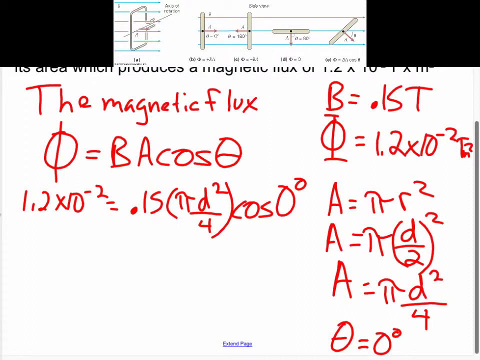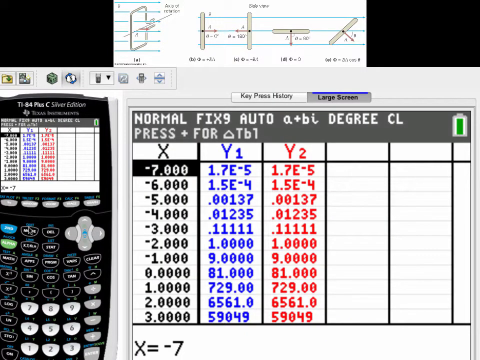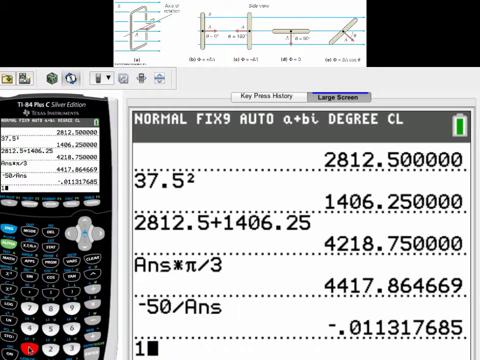Let's multiply everything by 4. So 1.2 times 10 to the negative 2 times 4.